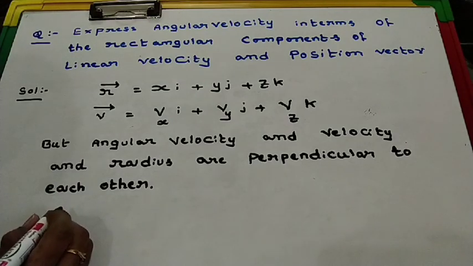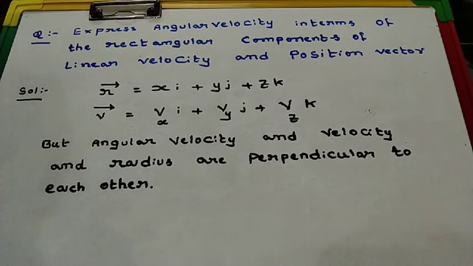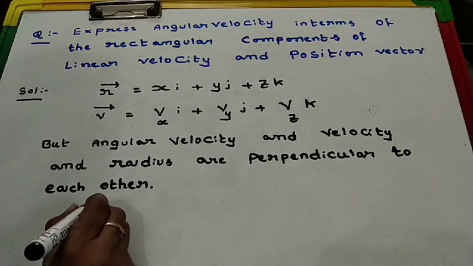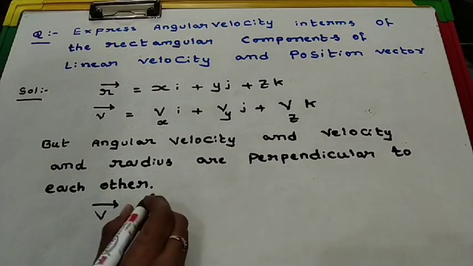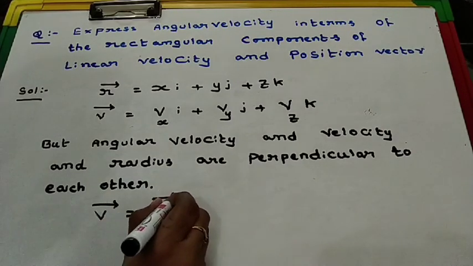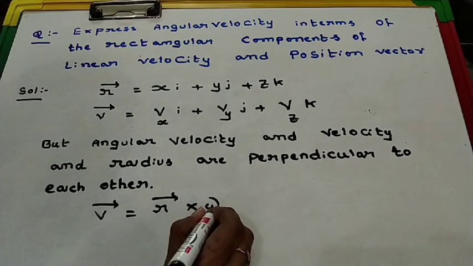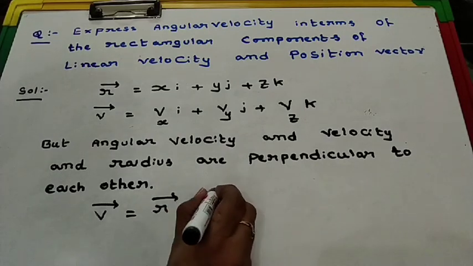Therefore, V vector is equal to R vector cross omega vector.